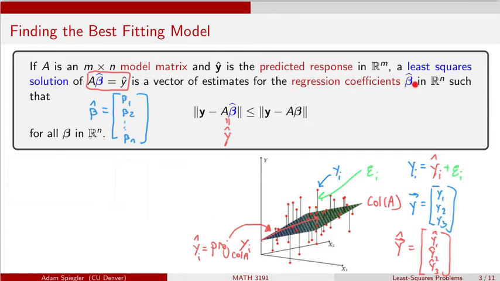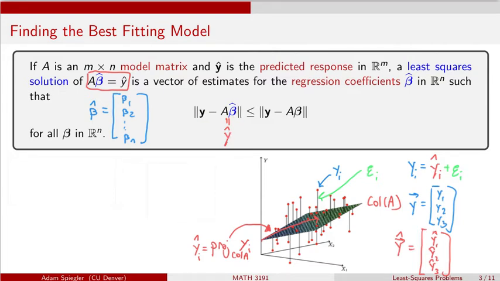So we're going to try and solve for each of these coefficients, beta 1, beta 2, up to beta n, such that this inequality is satisfied for all beta in R^n. Let me break this inequality apart since this is the meat of the theorem. On the left side, we have the length of y minus A beta hat. Here y is the vector of all of our observed response variables, so all of the observed GDP per capita, and A beta hat gives us the vector of predictions.